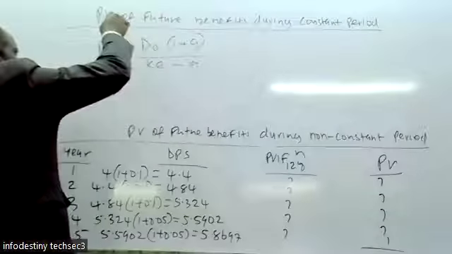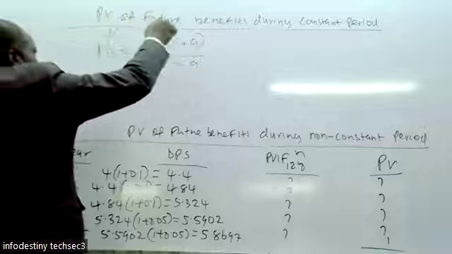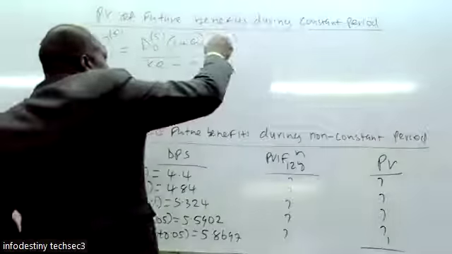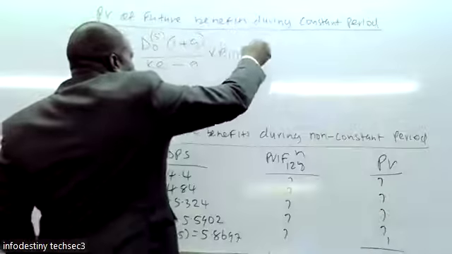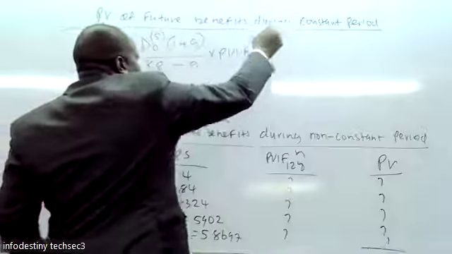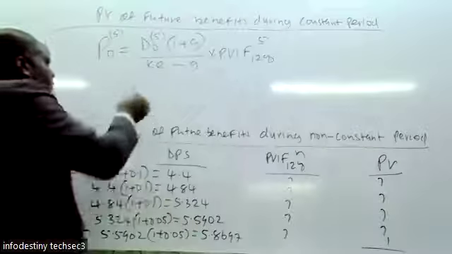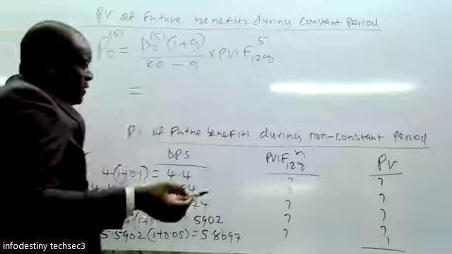So this one is here 5, also that one here 5. Then the present value interest factor at 12% in year 5. You do the same way we have done the other part.